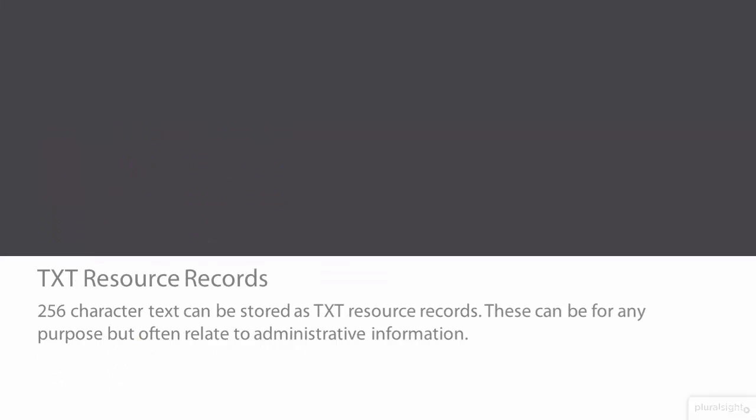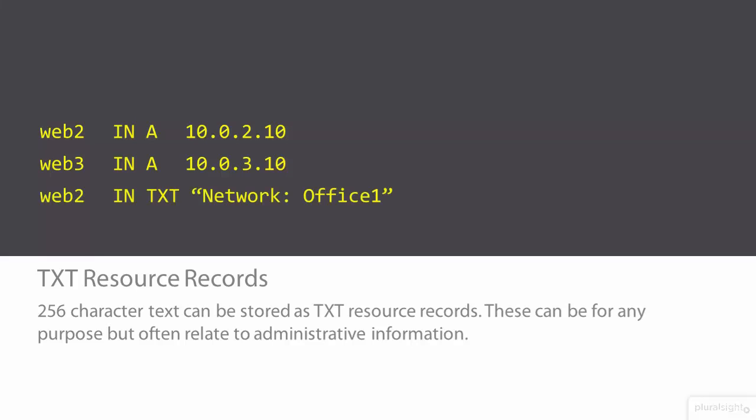We might also create TXT resource records. When we start looking at these two hosts, web2 and web3, we might then have these resource records that specify for web2 that it's on the network Office 1, let's say. For web3, we might say the network is the backbone network. This is just a text string, so network has no specific meaning other than the way we want to interpret it.